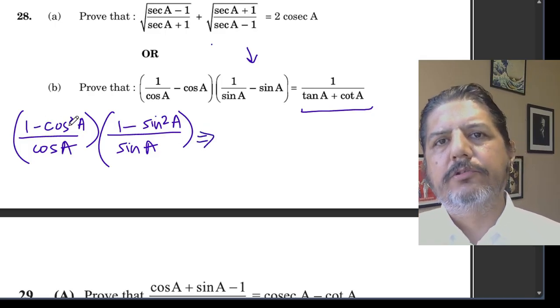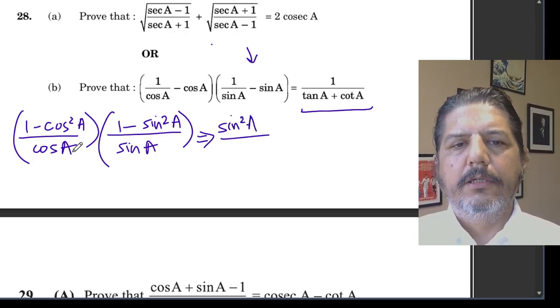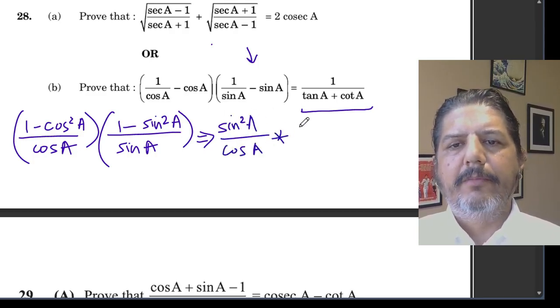Now 1 minus cos²A is equal to sin²A upon cos⁴A. And 1 minus sin²A is equal to cos²A. This will be sin⁴A.